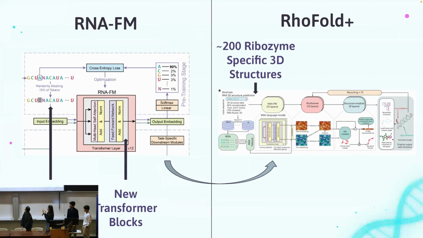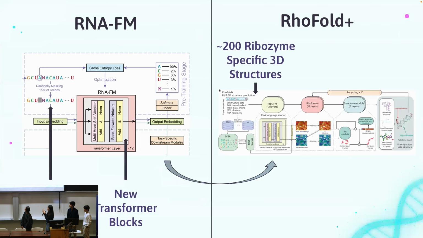These two pre-trained models encode different information, and we get two different embeddings through them. There's also a third key piece, multiple sequence alignment, MSA, which encodes evolutionary information about how base pairs happen.